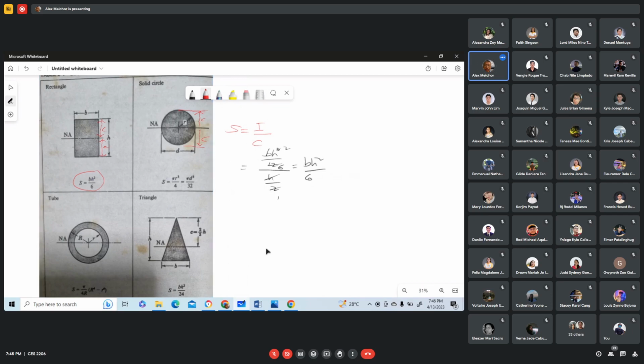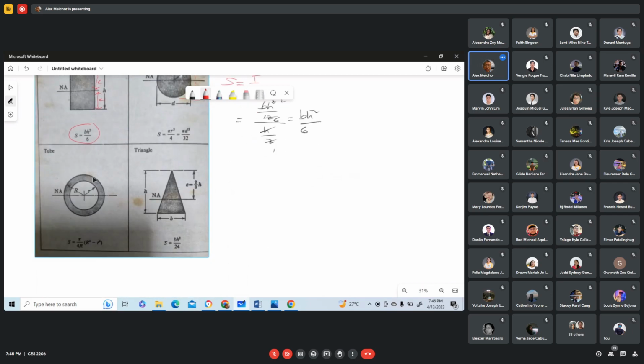Also for the tube section, we have here the section modulus. And for the triangle section, we have also this section modulus. But since the neutral axis here is not an axis of symmetry, the value of C is the farthest distance from the neutral axis to the fiber, in this case to that vertex there.